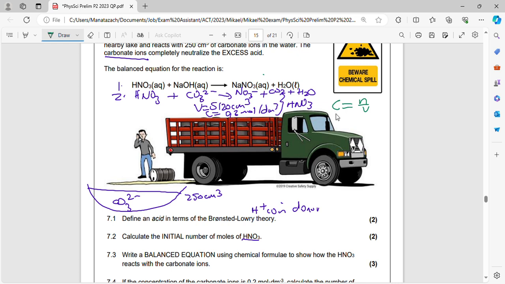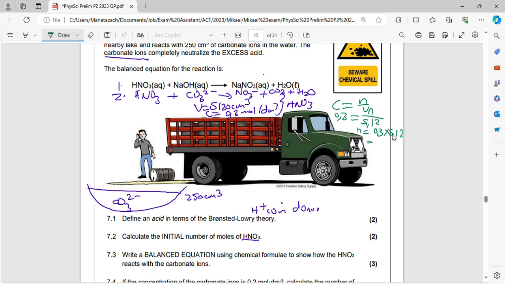The concentration is 0.3. The volume, we can just convert cm cube to dm cube, so this is going to be 5.12 dm cube. So n is equal to 0.3 times 5.12.